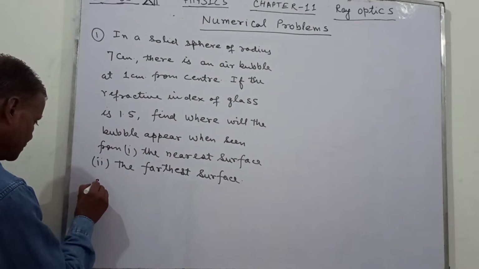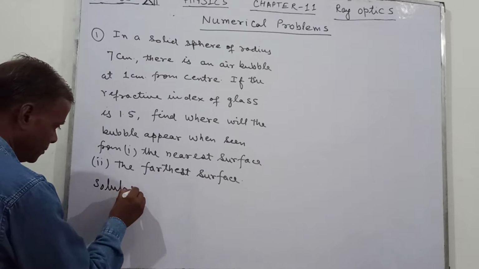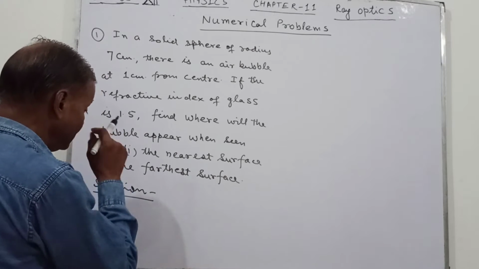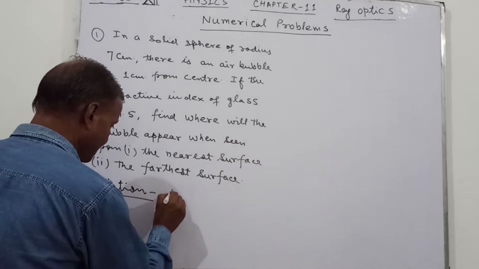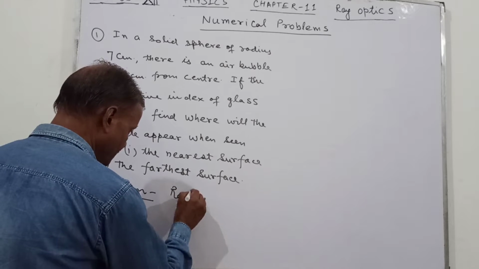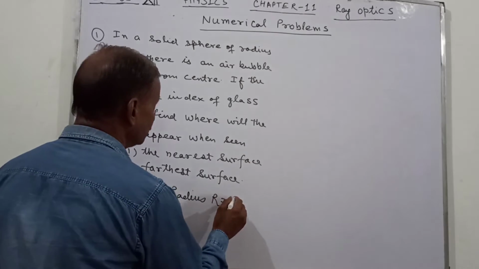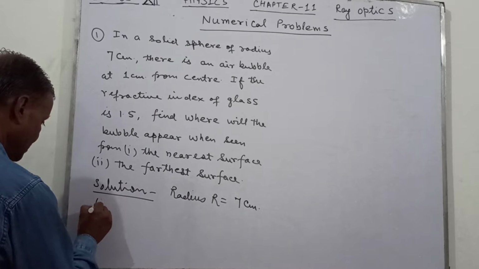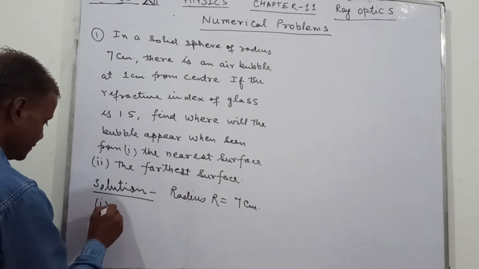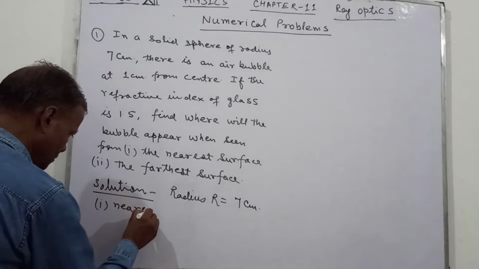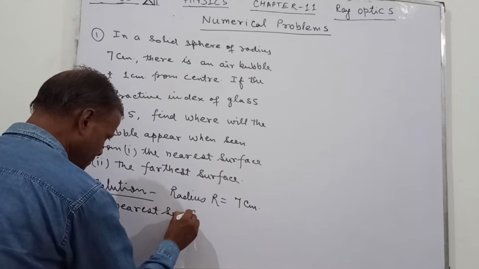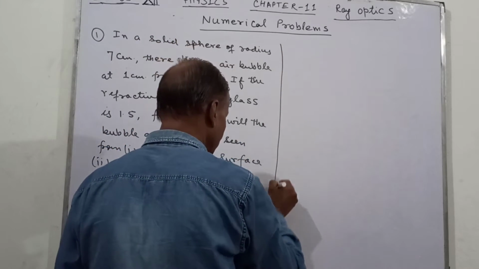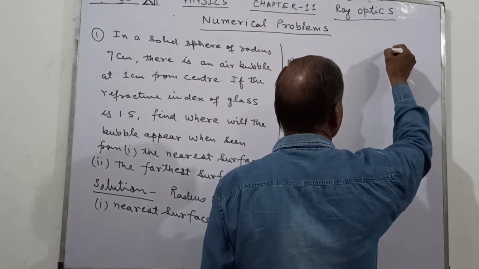So now the solution. Here it is given that radius R is equal to 7 centimeter. So first we are taking the nearest surface. Let us see what will happen. This is air.